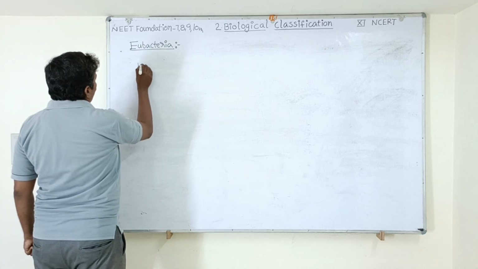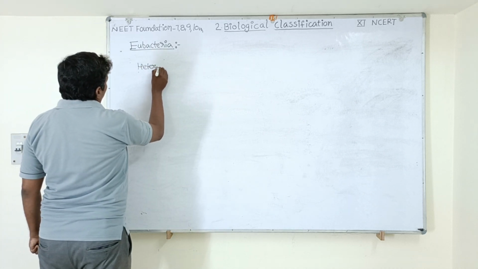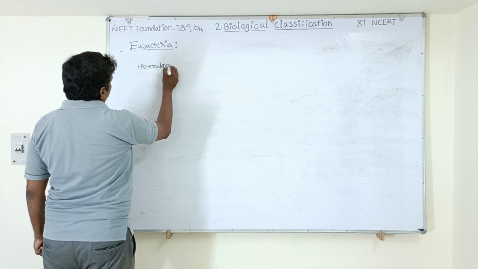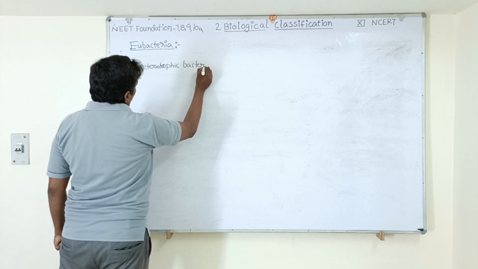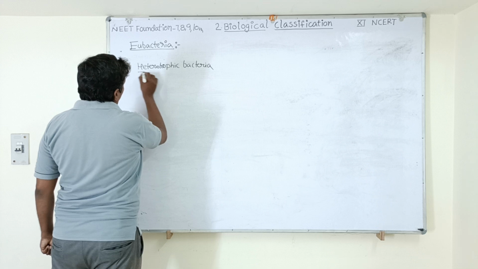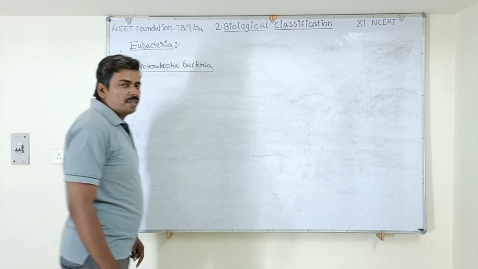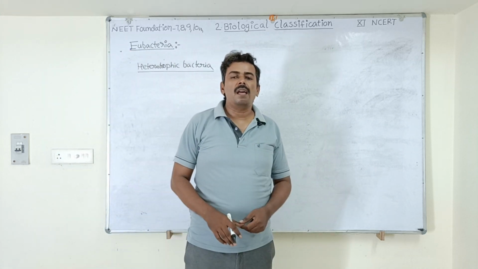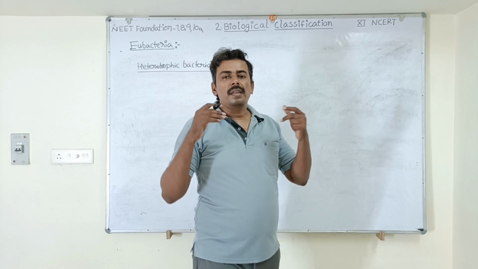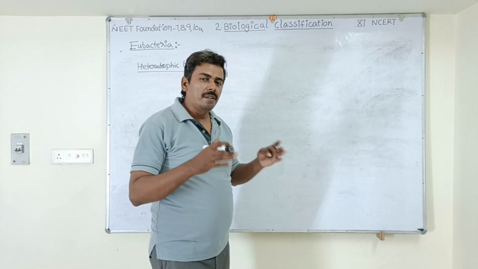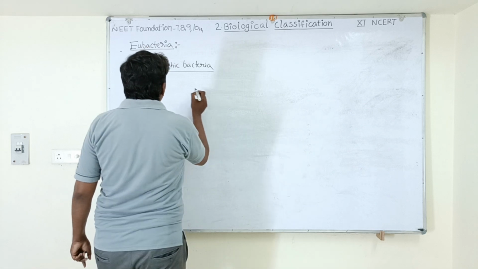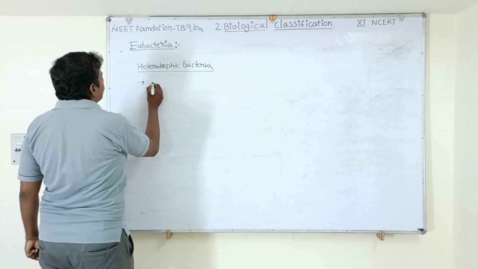Now, heterotrophic bacteria. Heterotrophic eubacteria are those bacteria that obtain their food material from other sources. They cannot prepare their own food. So what are heterotrophic bacteria?